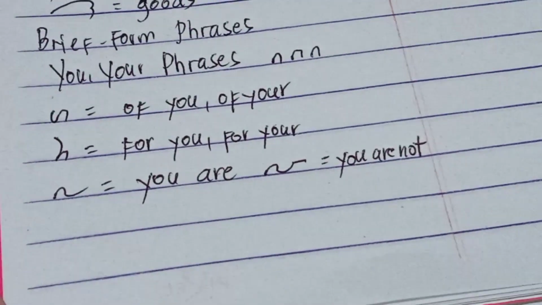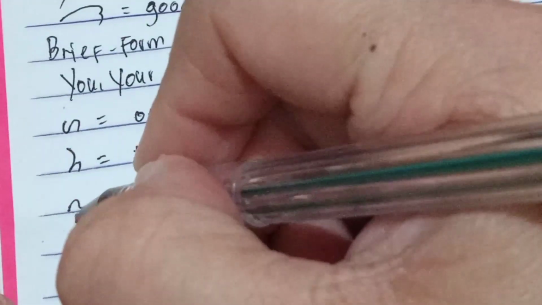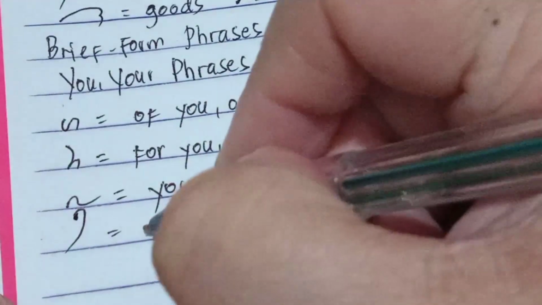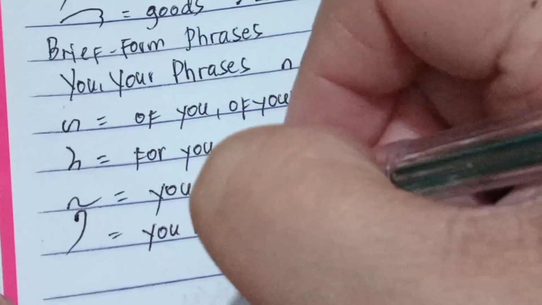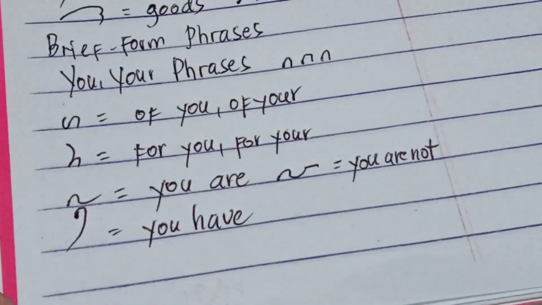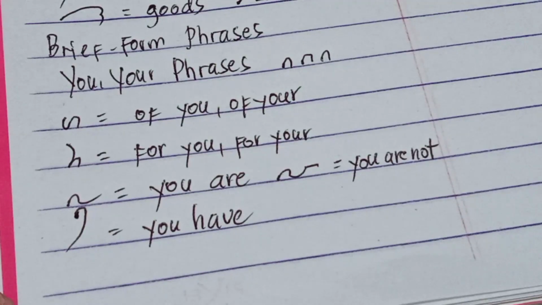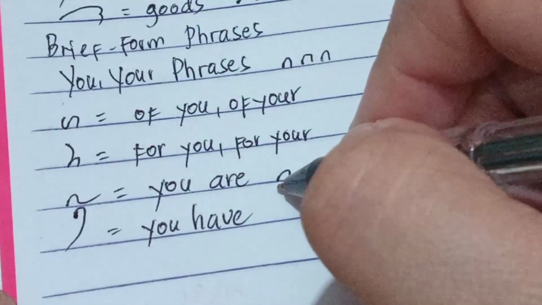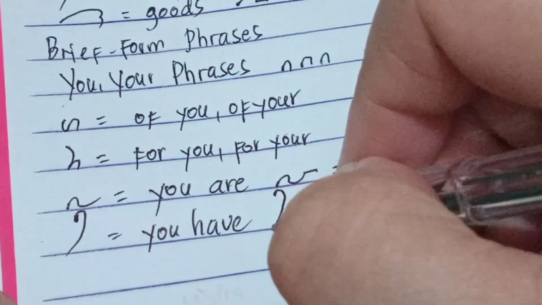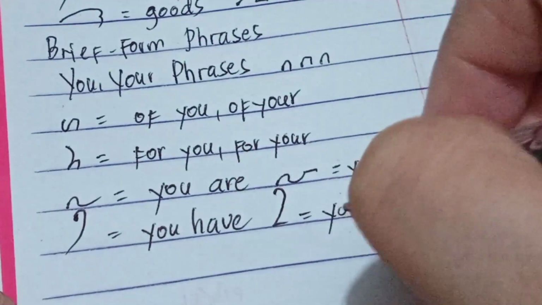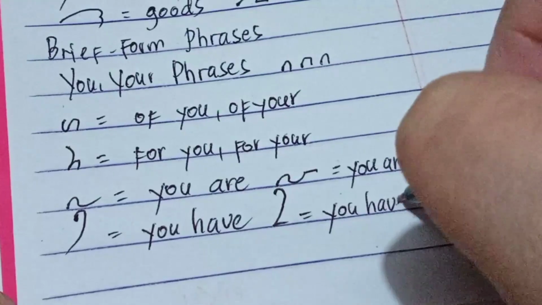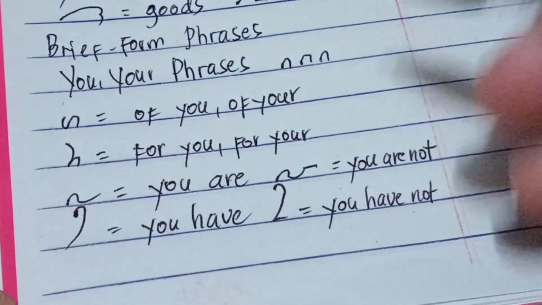The next one is if I write halimbawa yung you have. So, ito po ay you have. Okay? Then, how about if I write you have and not? So, this is you have not. Saan po yung you?